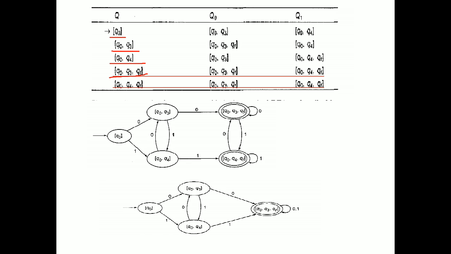If we give 0 input to Q0, we reach Q0Q3. If we give 0 input to Q0Q3, we reach Q0Q3QF. If we give 1 input to Q0, we reach Q0Q4, and if we give 1 input to Q0Q4, we reach Q0Q3QF. If we give 0 input to Q0QF, we reach Q0Q3, so all this is shown in the diagram.